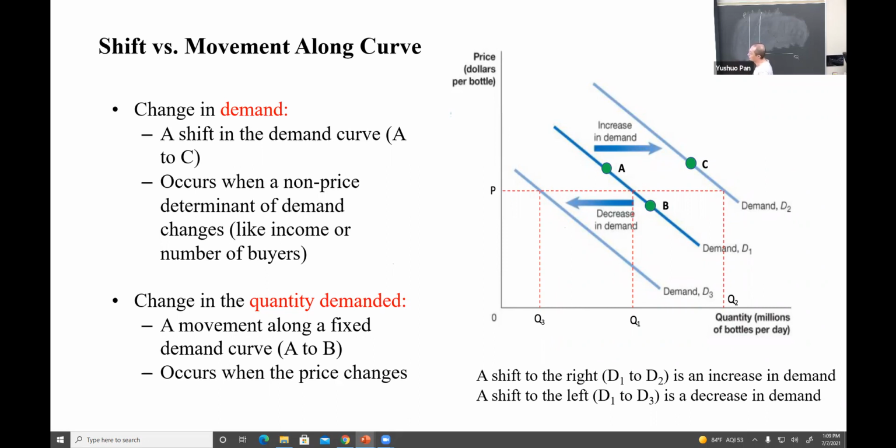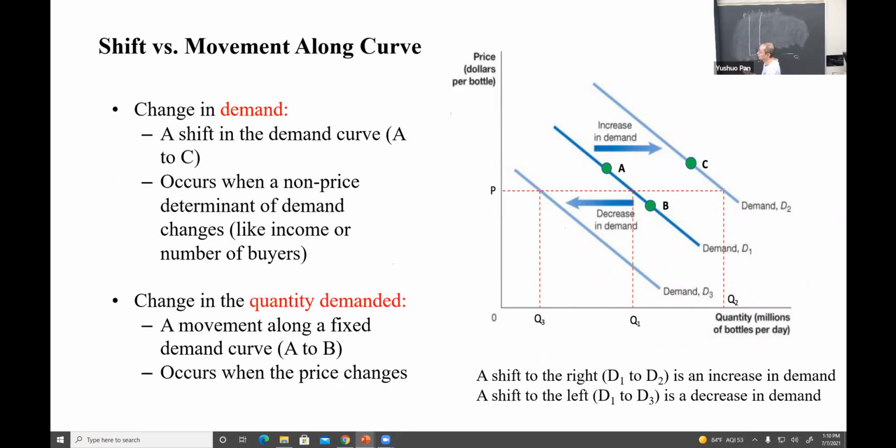But the second one is the change in the quantity demanded. That's different from the previous one. A change in quantity demanded is just a movement along a fixed demand curve, like from point A to point B. That's the movement along the curve, it's not the move of the curve. It occurs only when the price of that product changes. Again, the price of that product and the quantity demanded are a pair of words.